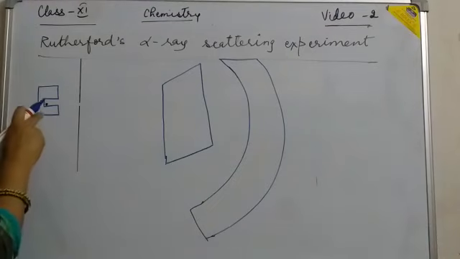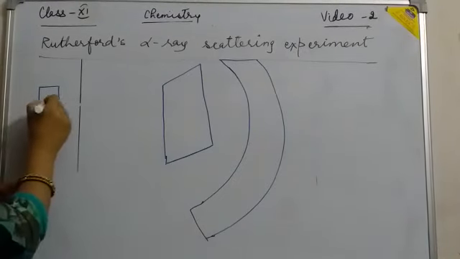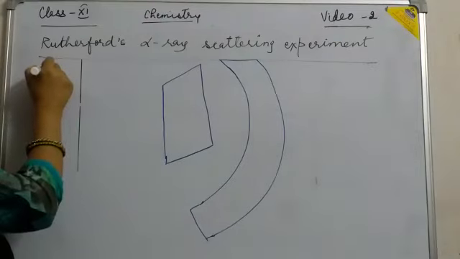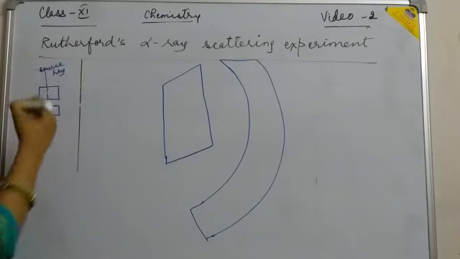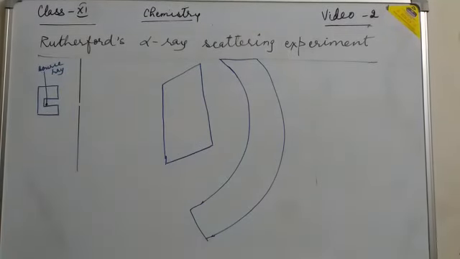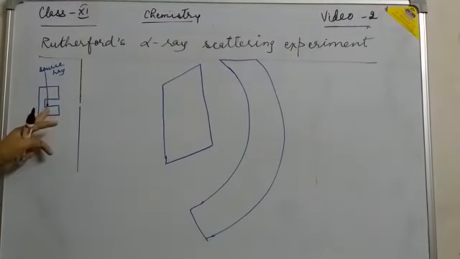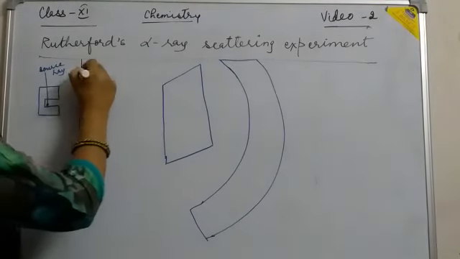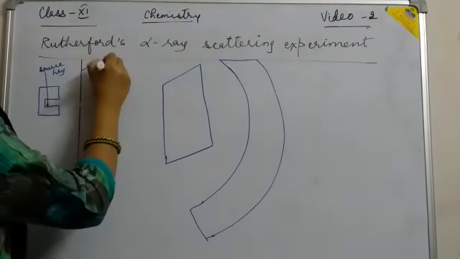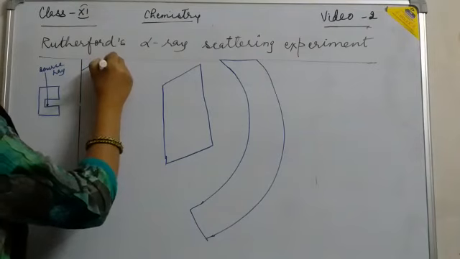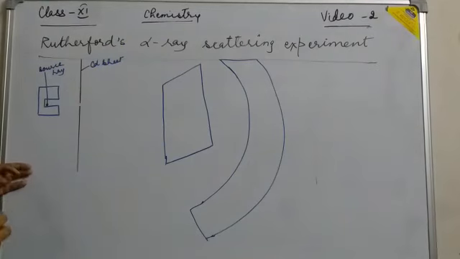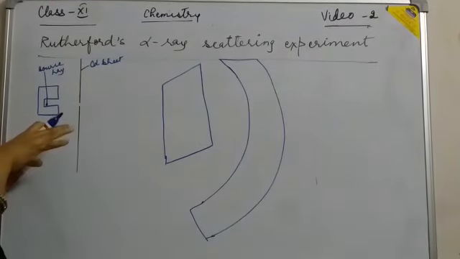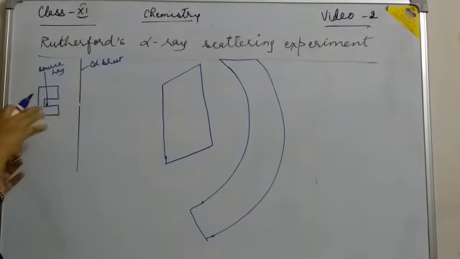So in this there is a source of alpha ray. Some type of radioactive element is placed here, and this is cadmium sheet, which absorbs the other rays if emitted from this source.